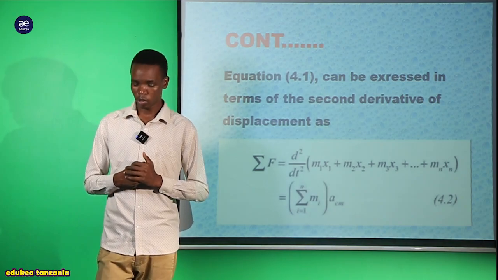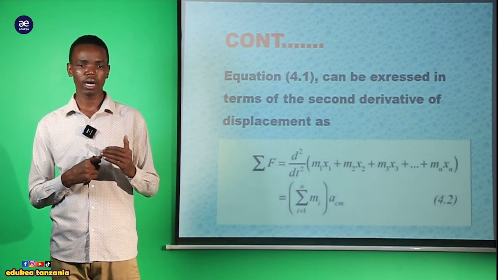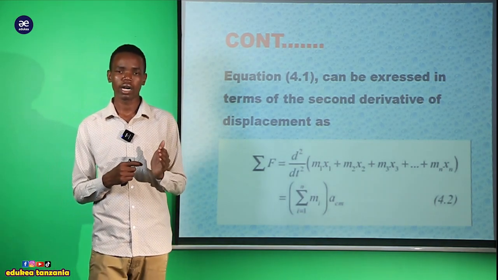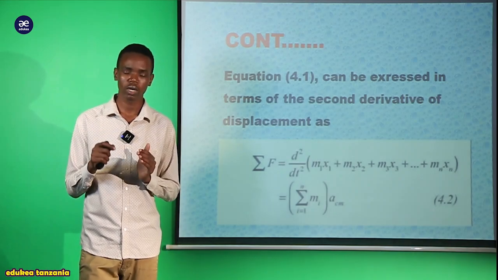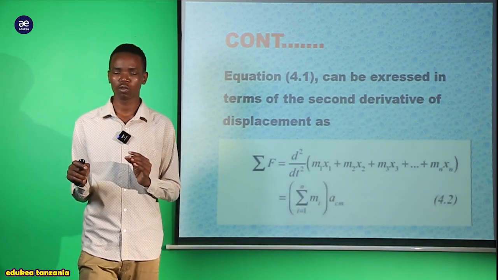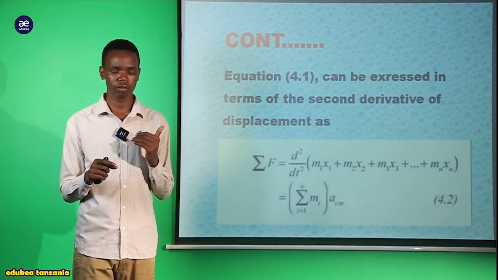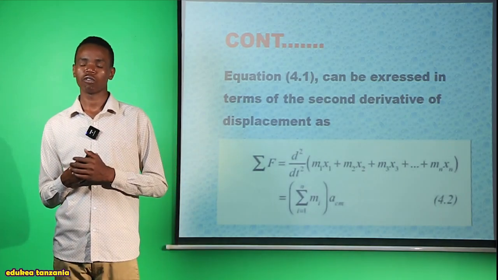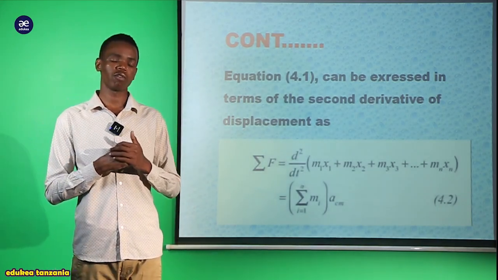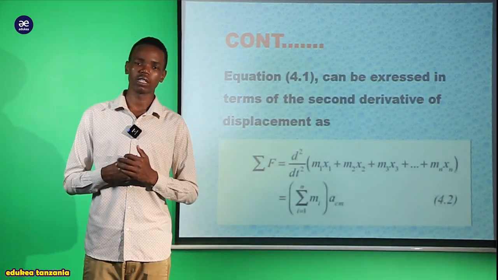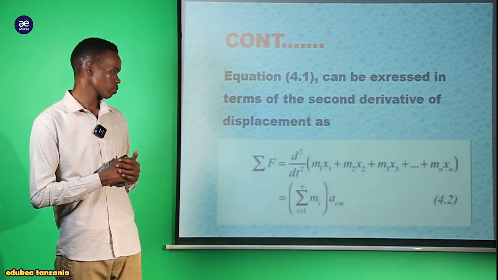It means we use the derivative. Instead of writing acceleration, we know that acceleration must be equal to the second derivative d squared x over dt squared. So let us formulate it in terms of the second derivative of the displacement.